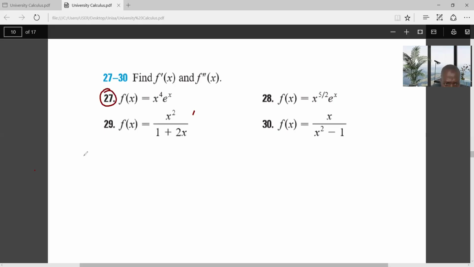We are given f of x equals x to the power 4 together with e to the exponent of x, so they're being multiplied by each other. Which rule are we supposed to use here? Obviously, we'll require the product rule.